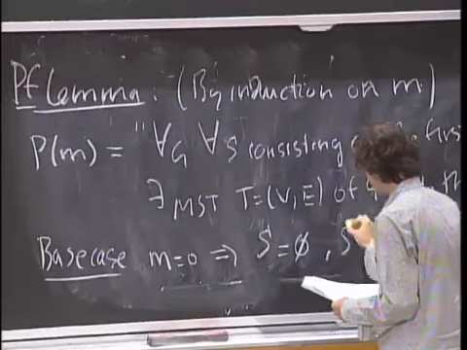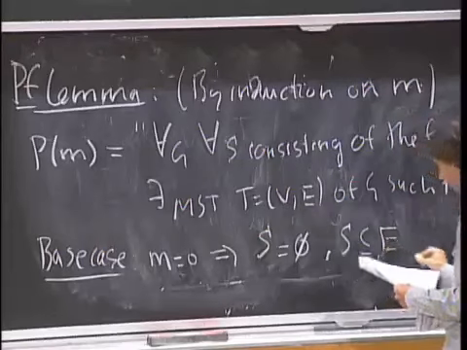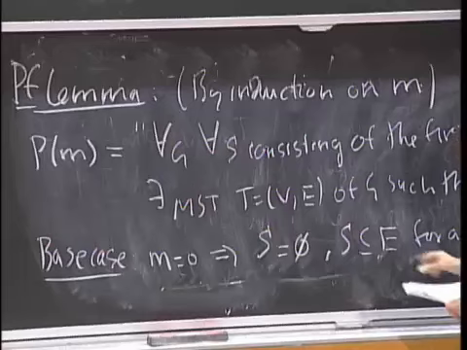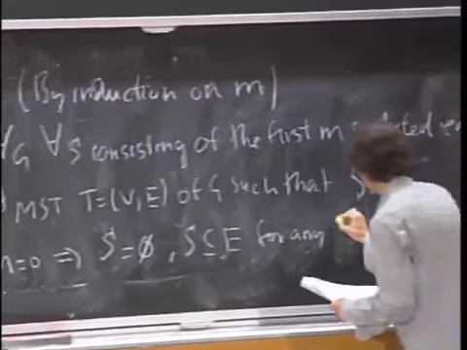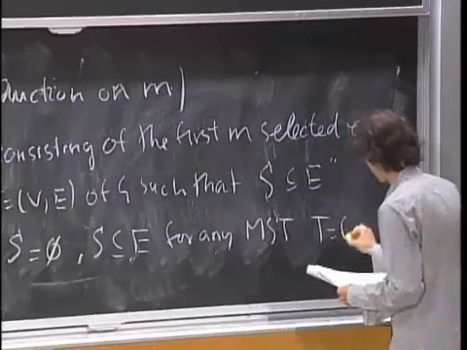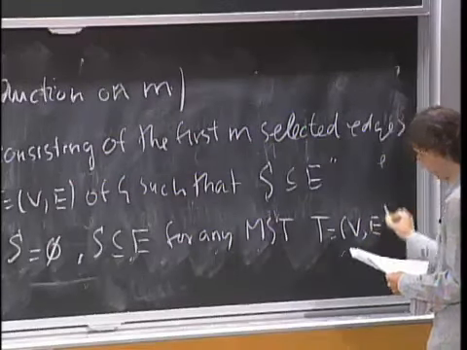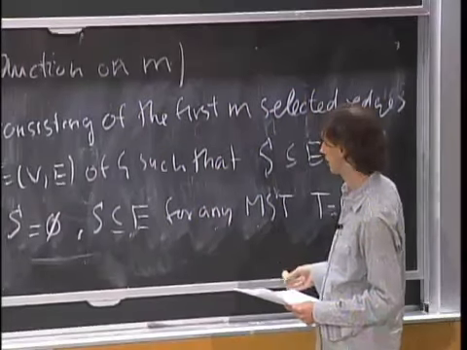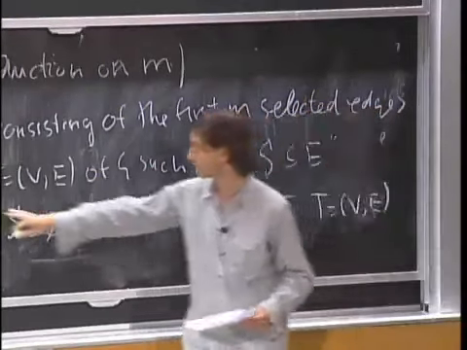So that means that S is definitely a subset for any set of edges of a minimum weight spanning tree. And now we're going to use our theorem to show that there also exists a minimum spanning tree.